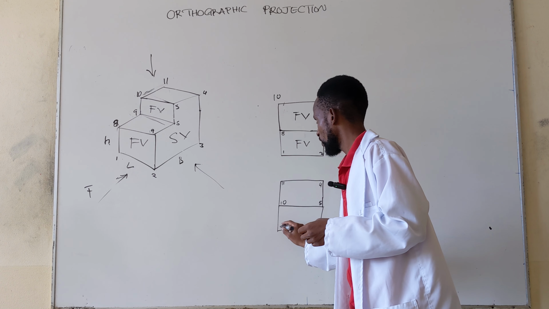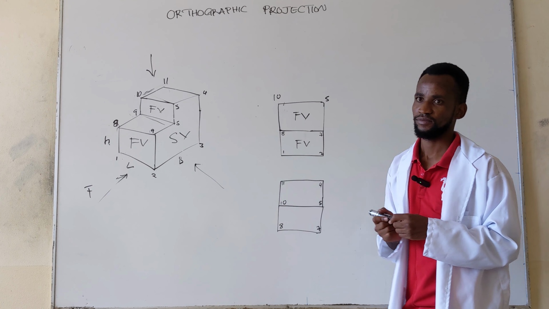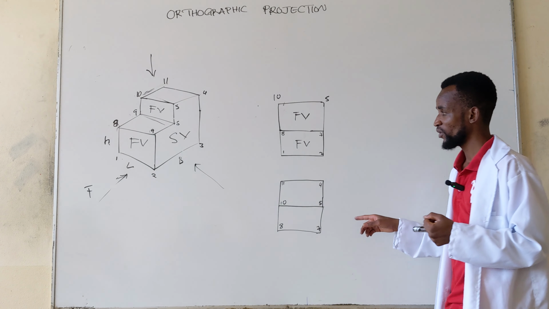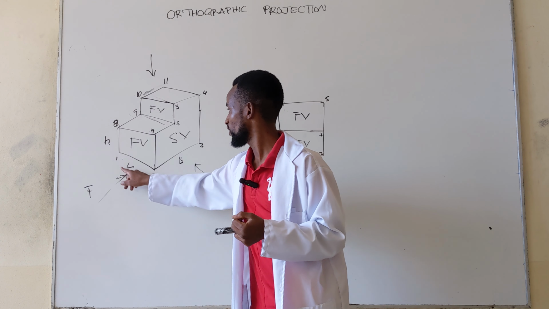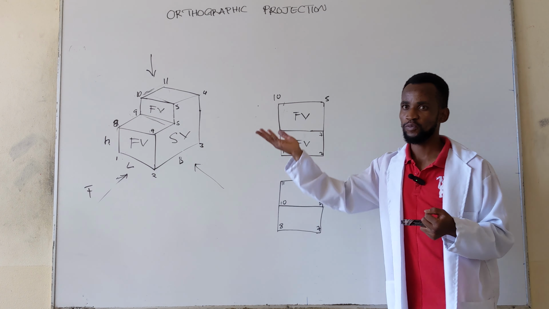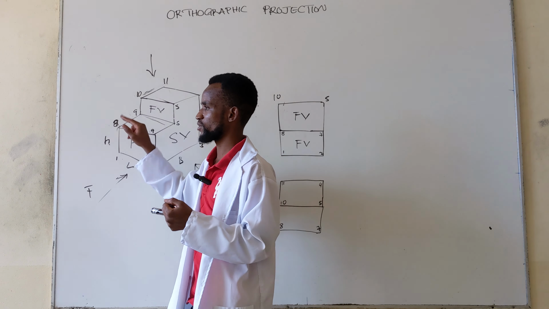There we have, what is here? 8 and 7. That is where 1 and 2, that is where this line is again. But the one that is on top, because we are viewing it from the top, is this one. This is the one that we are going to see.